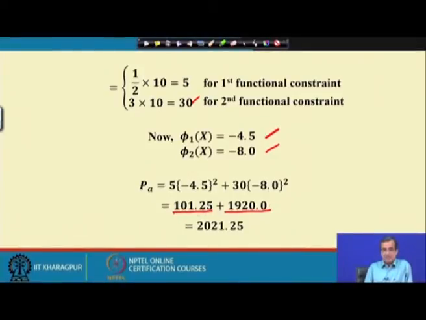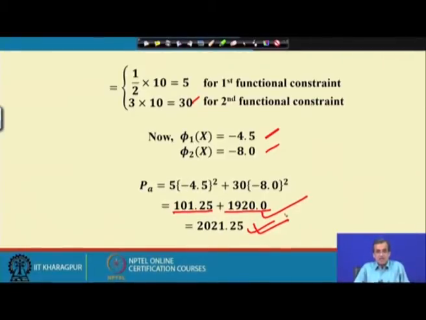Now, if I compare these two penalty terms, for the functional constraint where there is violation, the amount of penalty will be higher compared to the other where there is no violation. If I add them up, I will get the total penalty like this. So, this is the way we will have to calculate the penalty term.